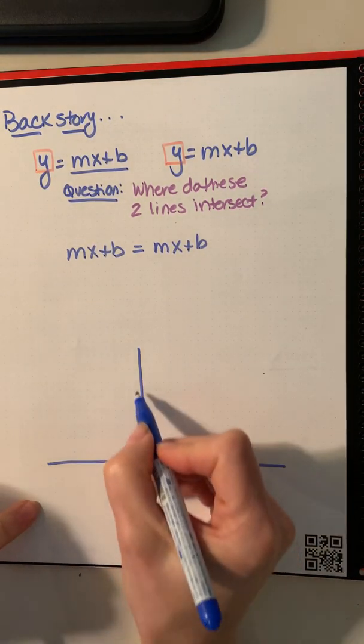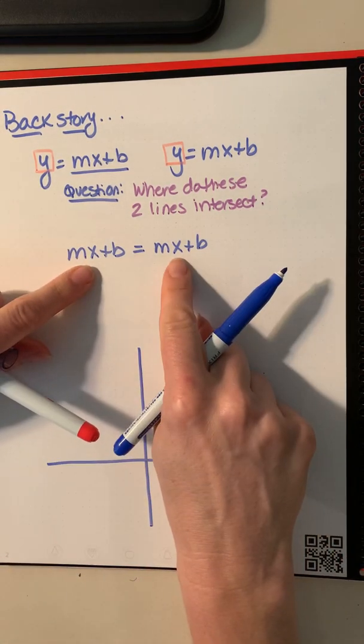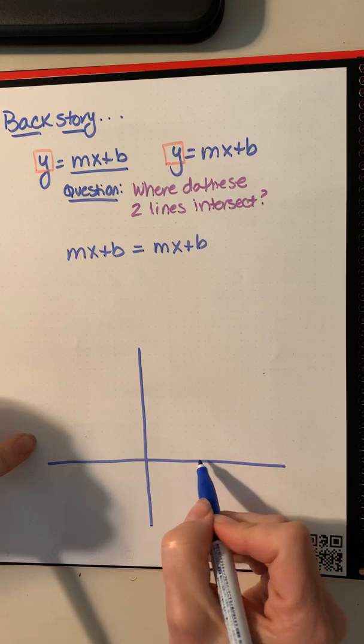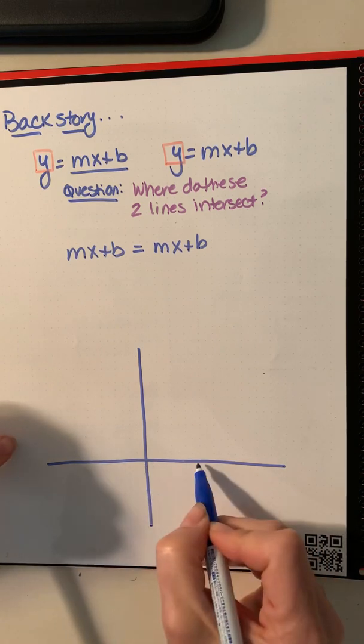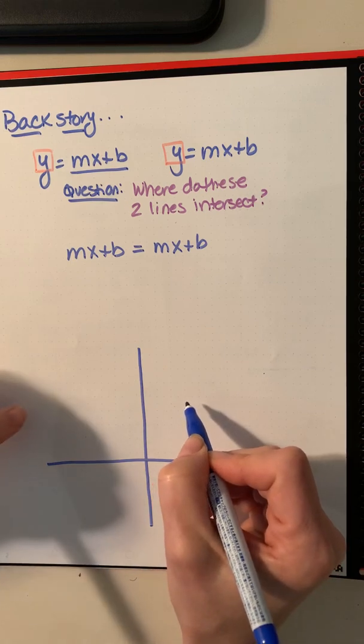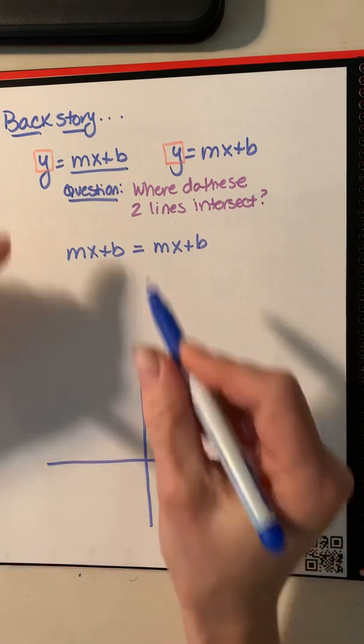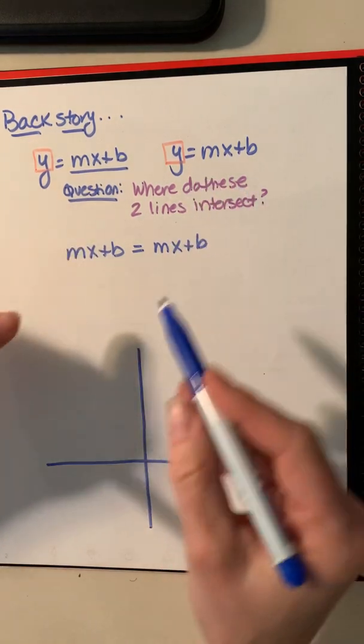Well, if their y values are the same on our graph, then by solving for x, we get an x value. And we know that when we have an x value and a y value, it will give us a point. So essentially, by doing this, I will find the point where these two lines are going to cross over each other, okay?